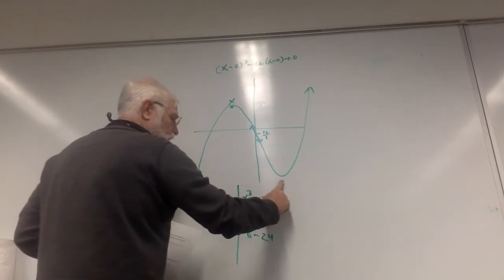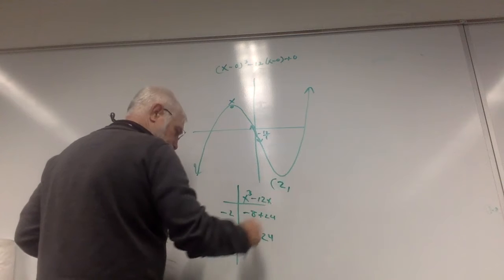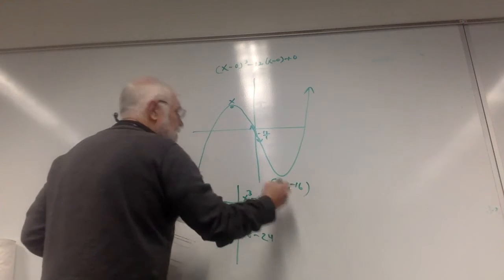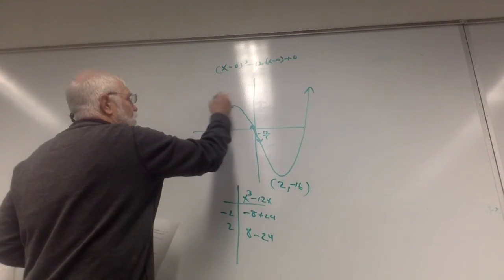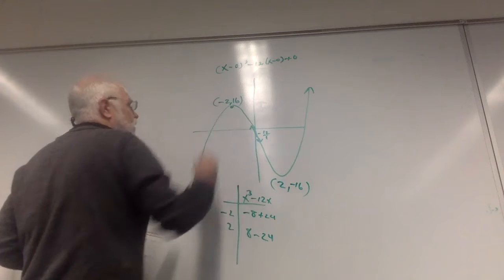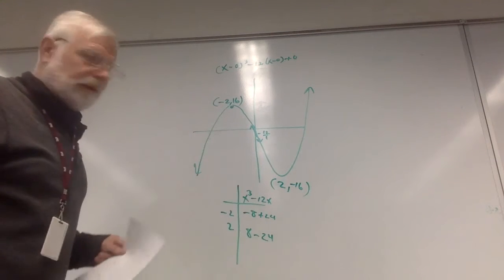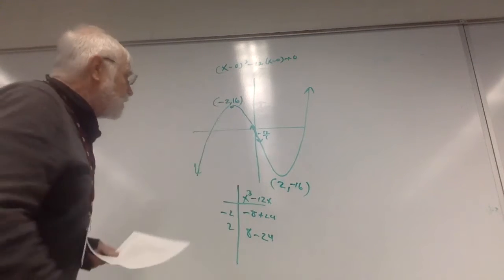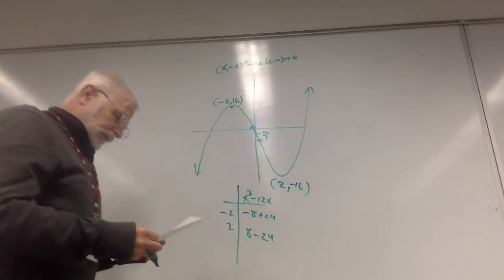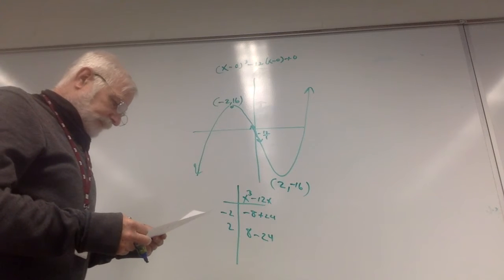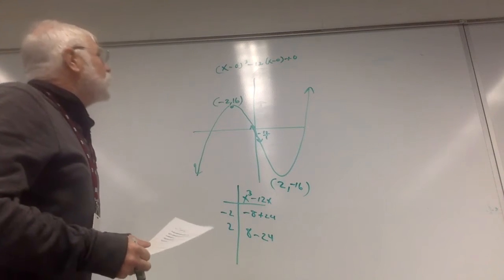So this coordinate was 2 comma negative 16. This coordinate was negative 2, positive 16. I happen to know that those are maxes and mins because I'm very familiar with this calculation. You'd have to prove that that's what it looks like for yourself. But that's the picture that goes with it.